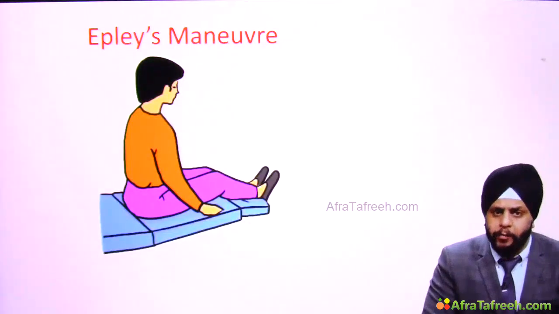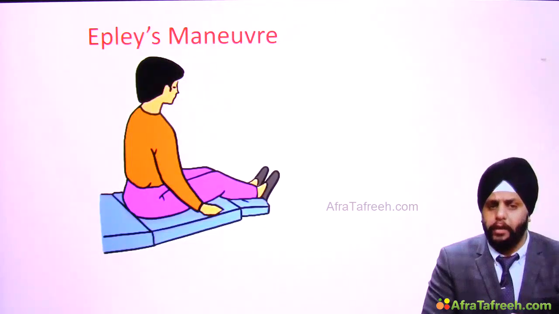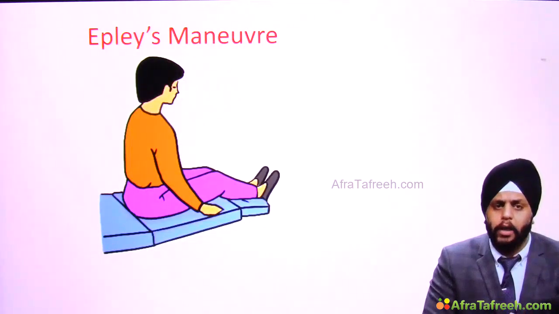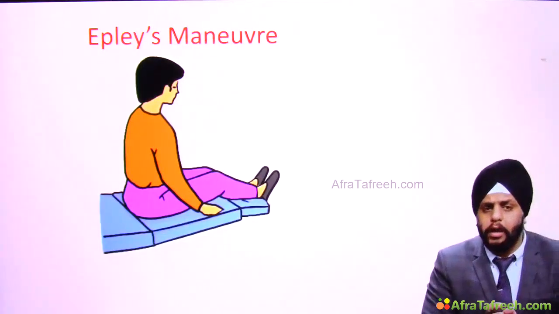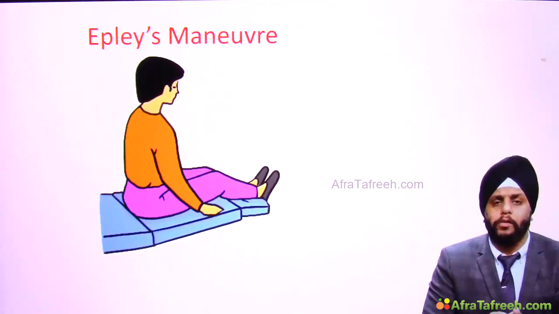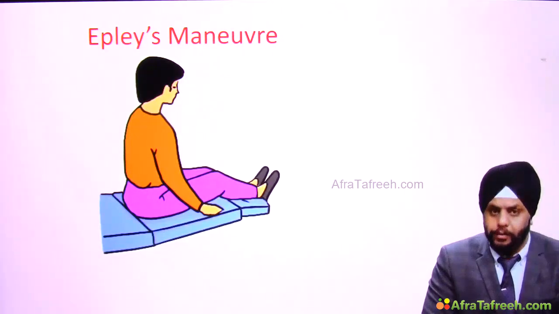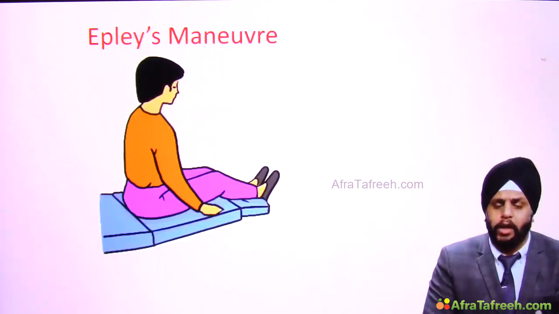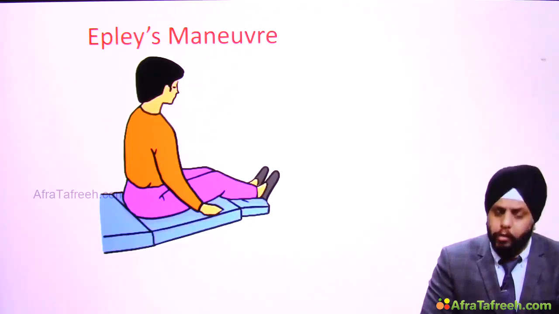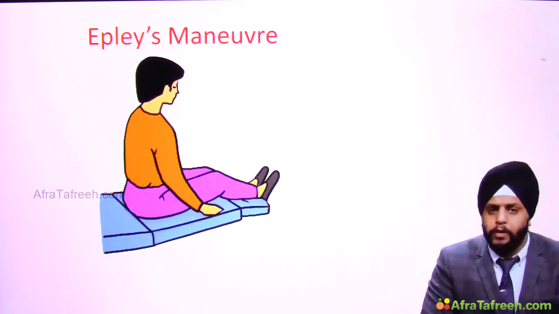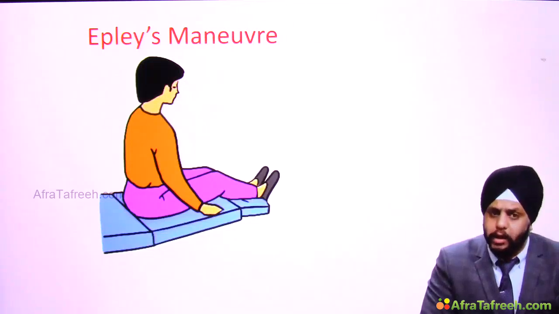We make the patient sit, just like the Dix-Hallpike. You turn the head 45 degrees to the side you are going to treat. Remember, the first step of Epley's is actually Dix-Hallpike, so the first steps of Epley's and Dix-Hallpike are exactly the same.